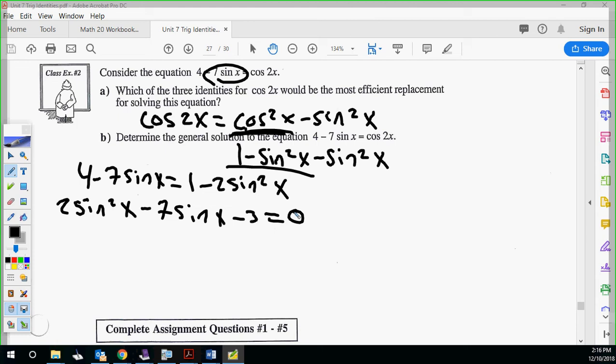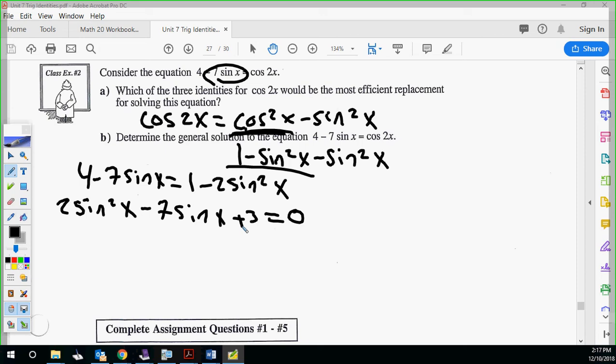Do you understand where the 2 sine squared x came from? I just don't understand how you moved it over. Just add over. Plus, minus. That's a plus 3. Where did the 2 come from? Let me get the 2 sine x squared first.